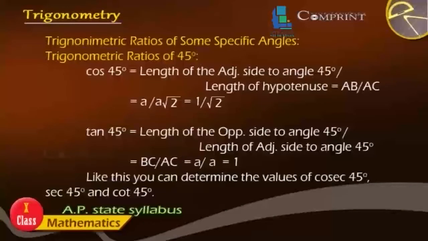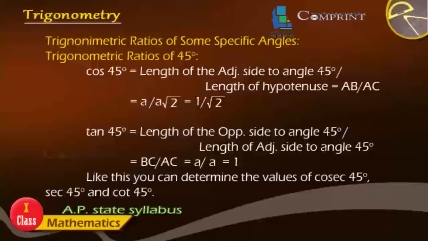Trigonometric ratios of some specific angles. Trigonometric ratios of 45 degrees. Cos 45 degrees is equal to length of the adjacent side to angle 45 degrees by length of hypotenuse is equal to AB by AC is equal to a by a root 2 is equal to 1 by root 2.